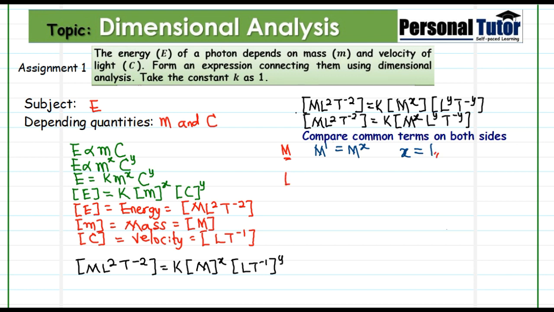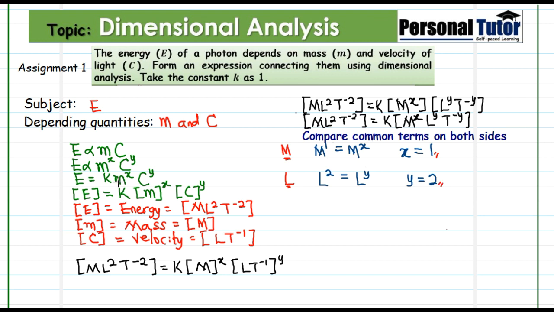Comparing the L, on the left hand side, L is to the power 2. On the right hand side, L is to the power y. Since the bases are the same, the exponents are also equal, and that will amount to y equals 2.